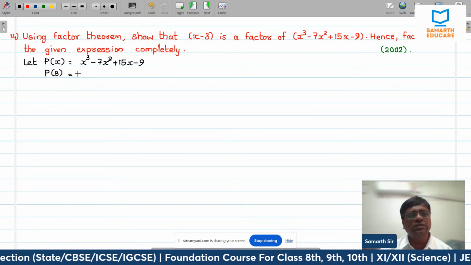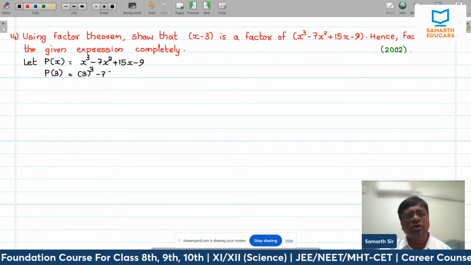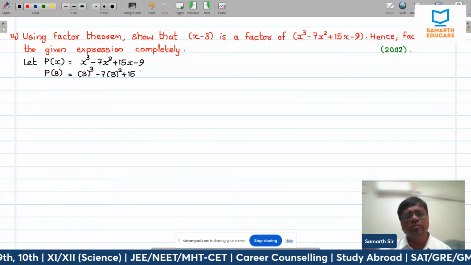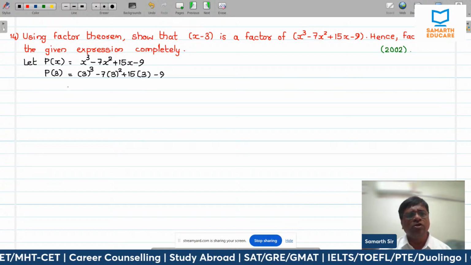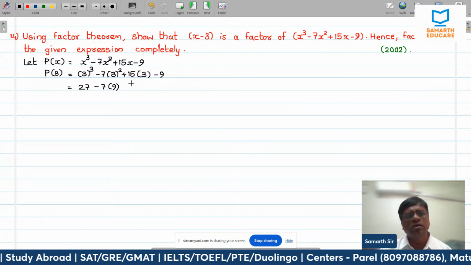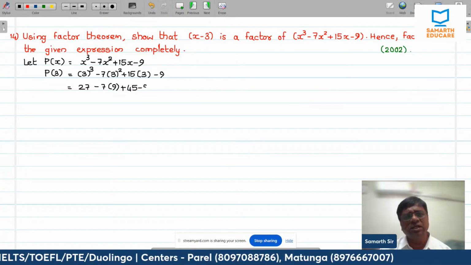p of 3 is, wherever you see x, replace it with 3: 3 cube minus 7 into 3 square plus 15 into 3 minus 9. All right. Now 3 cube is 27, minus 7 into 9, plus 45, minus 9.